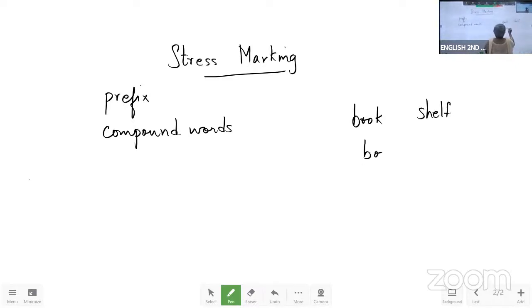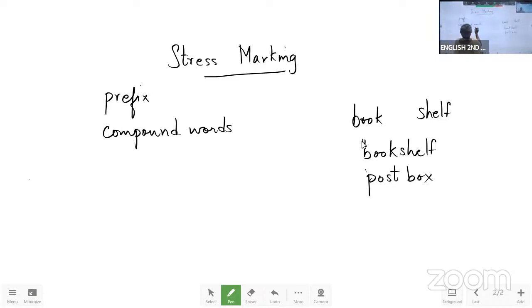Bookshelf, bookshop, post box, postman. All these are compound words. Compound words, it is usually on the first syllable. Usually, again here it changes.